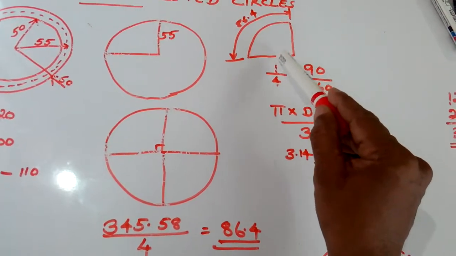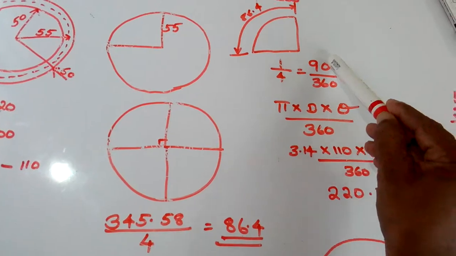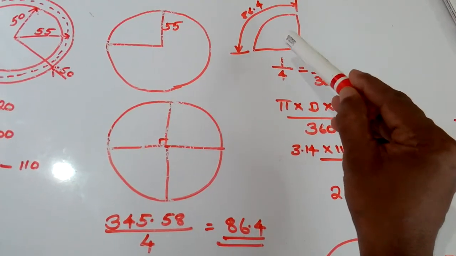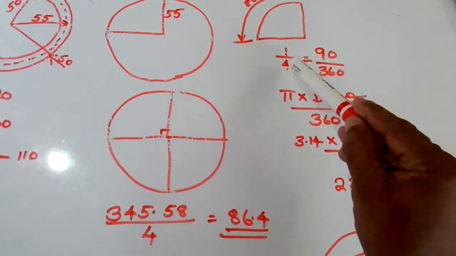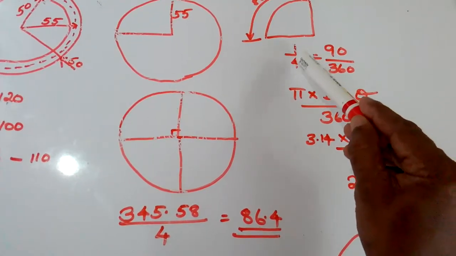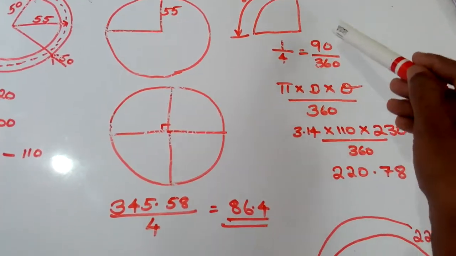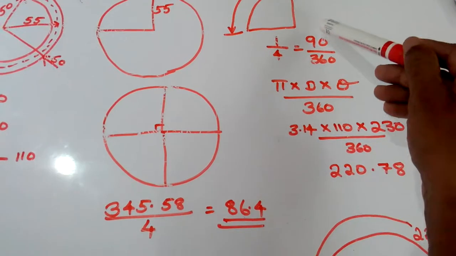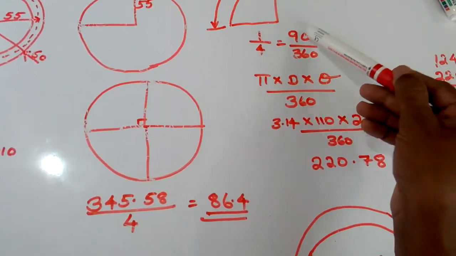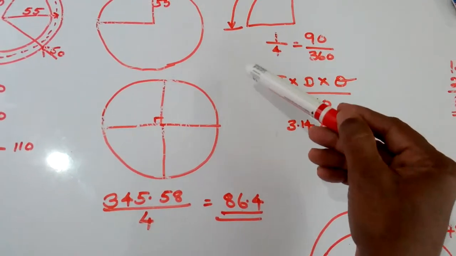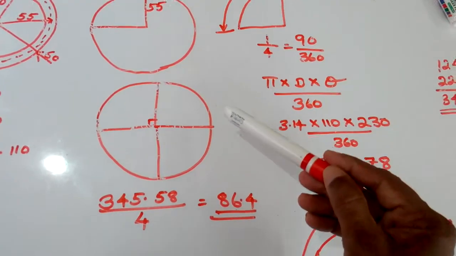If we multiply this one with 90, we will get 90. Whatever number we have used to multiply the top value, the same value has to be used to multiply the bottom value. This one also has to be multiplied with 90, then we will get 360. Both are the same. It is 90 in 360, which means one part in 4.